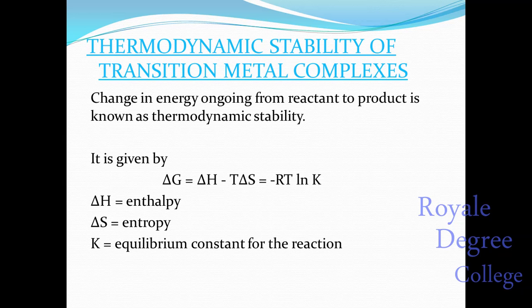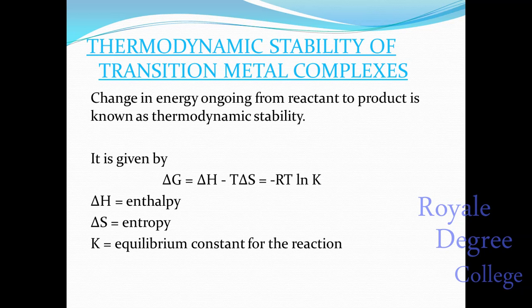Next we will see thermodynamic stability of transition metal complexes. It is the change in energy going from reactant to product. When the reactant is converted into the product, the change in energy that takes place is known as thermodynamic stability.